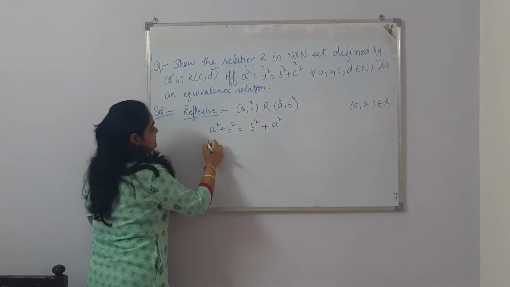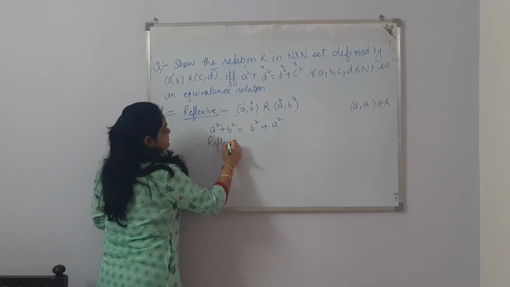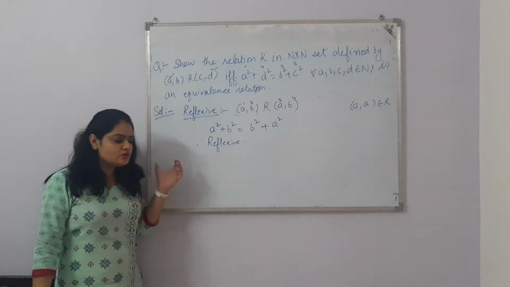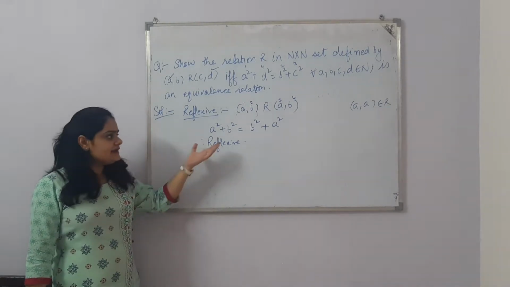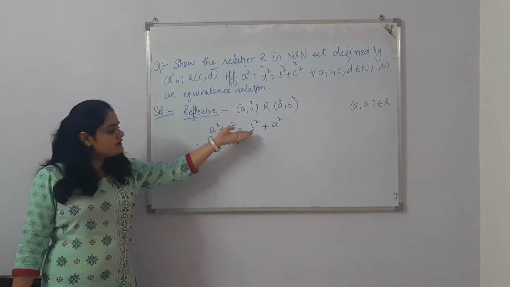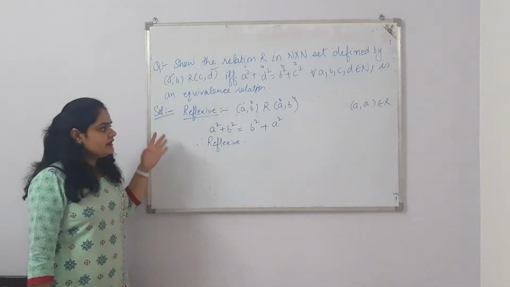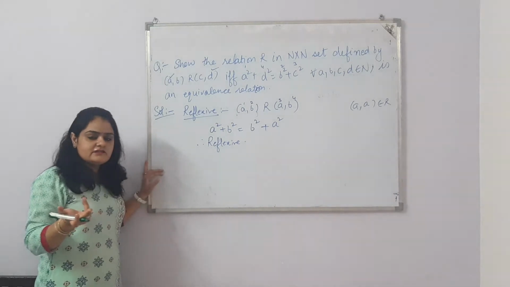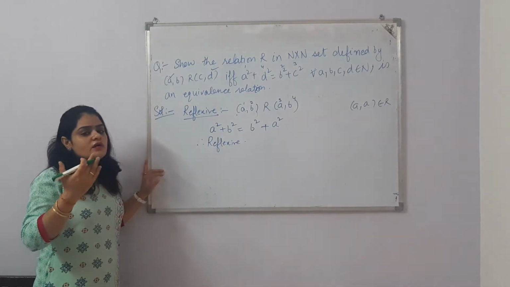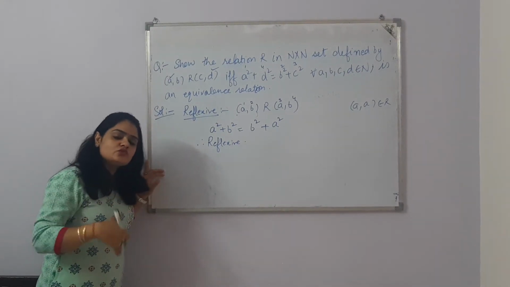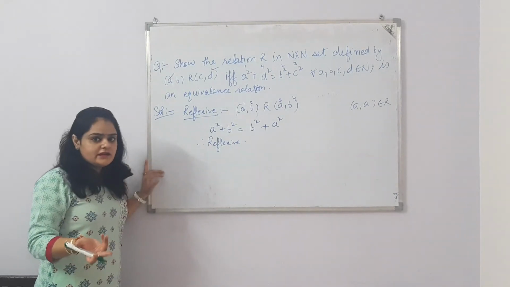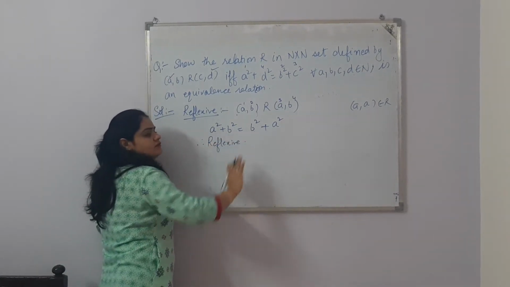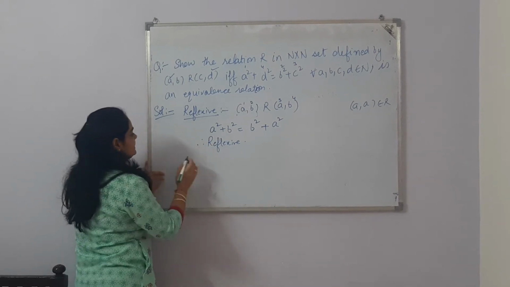Hence reflexive. Directly here we are proving that A squared plus B squared equals B squared plus A squared, already proved because addition is commutative. We can add 1 plus 2, and the answer equals 2 plus 1. It is true. So reflexive.